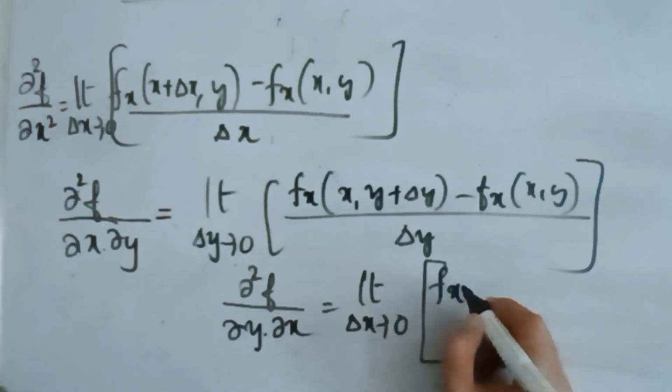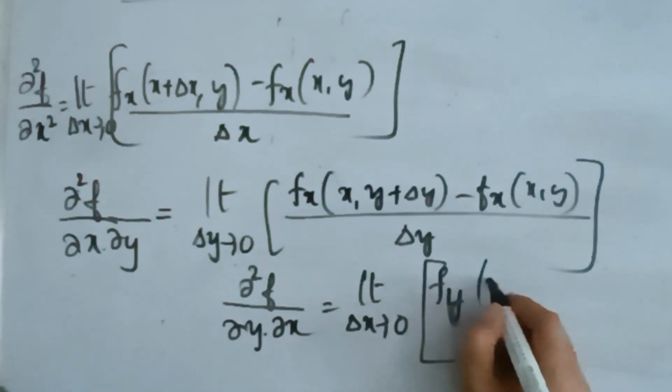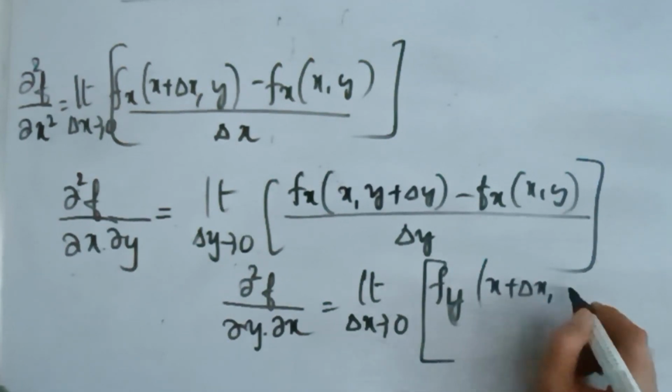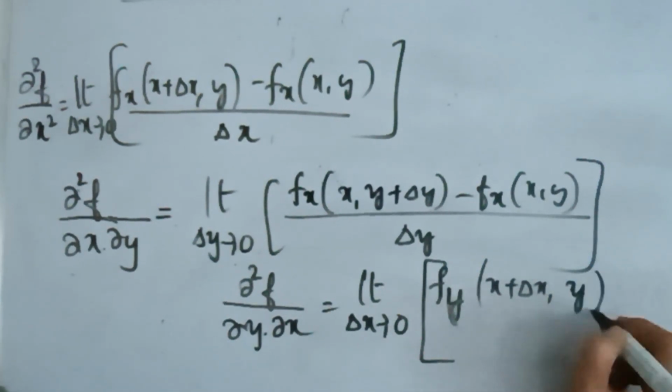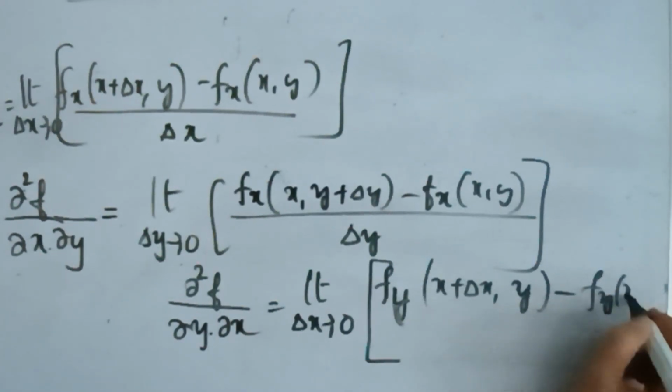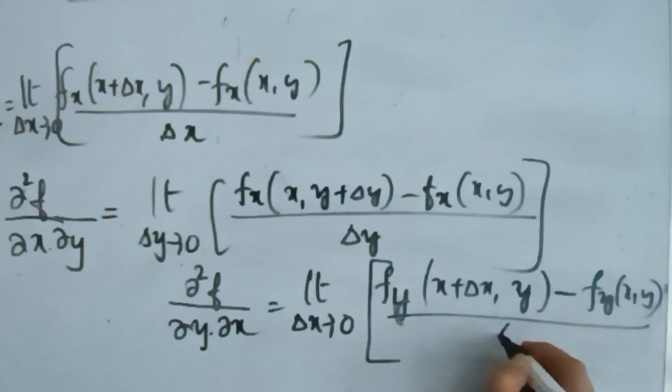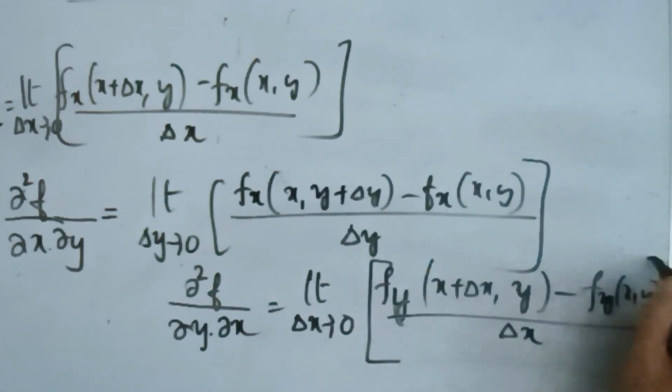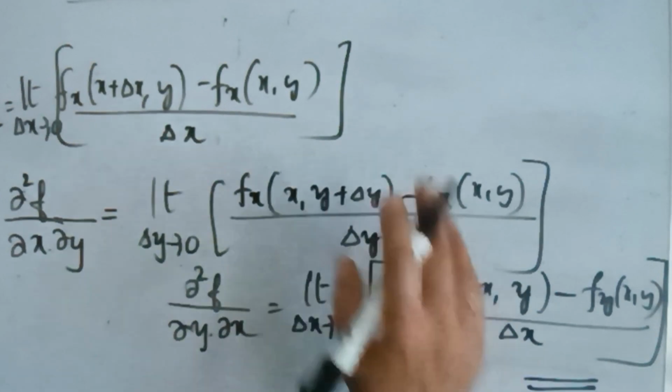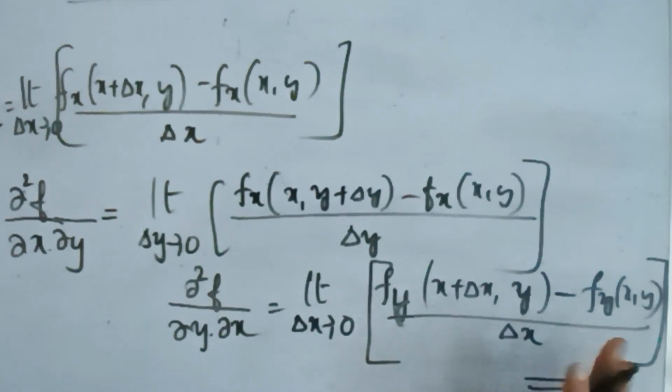So fy of (x plus delta x, y) minus fy of (x, y), divided by delta x. So this is how we define the partial derivatives mathematically.